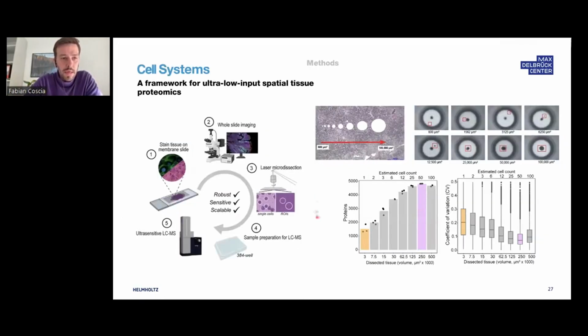This is a study we published at the end of '23, where the idea was to optimize all the necessary steps in the tissue proteomics workflow, not only high sensitivity mass spectrometry acquisition and sample preparation, but really starting one step earlier, with how we can optimize the staining procedure in order to still be able to capture and quantify whole proteomes, or as deep as we can, proteomes from few or even individual cells.